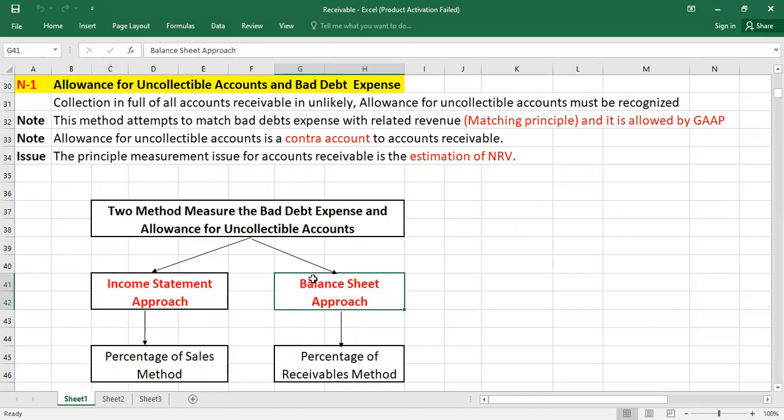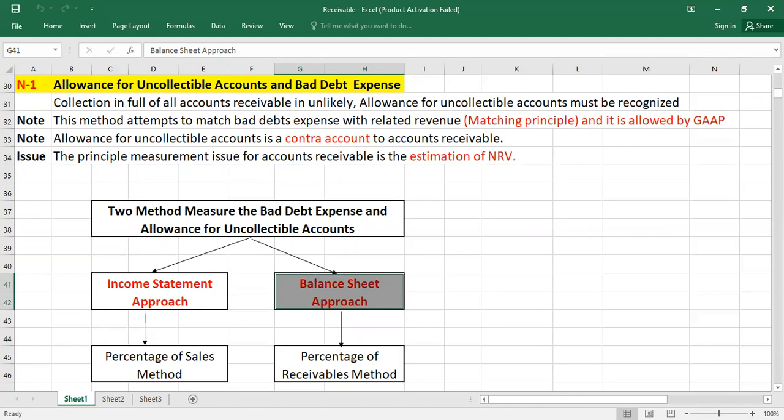Second, we have the balance sheet approach. If the examiner tells you that X percentage of receivables is uncollectible, because receivables is a balance sheet item, it means it is a balance sheet approach, and you have to tackle the question accordingly.